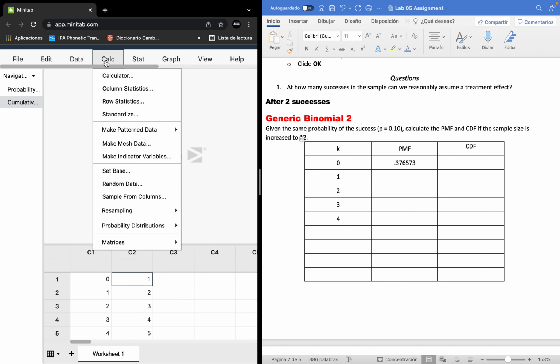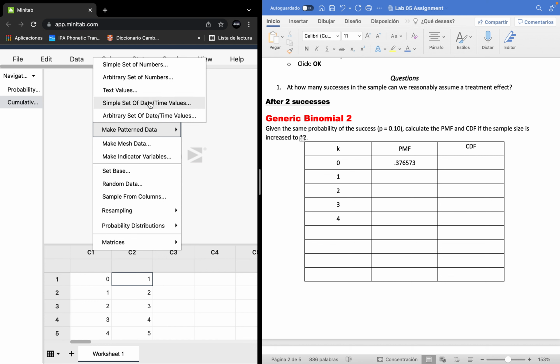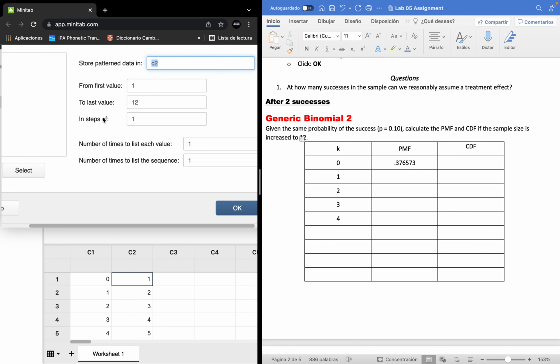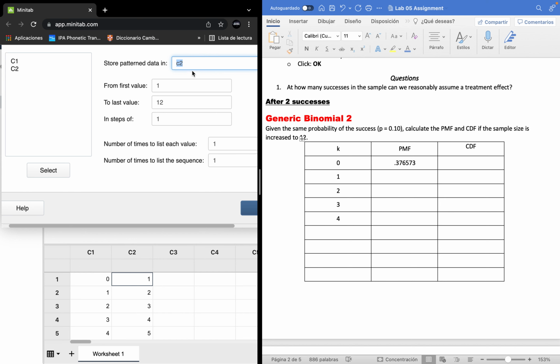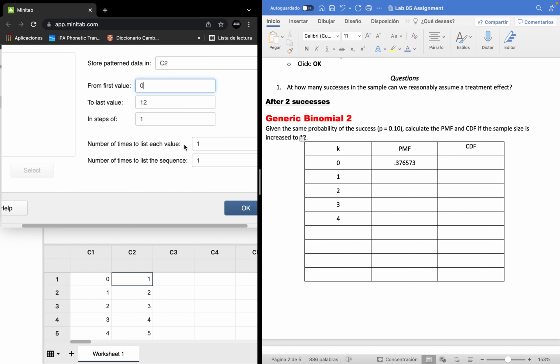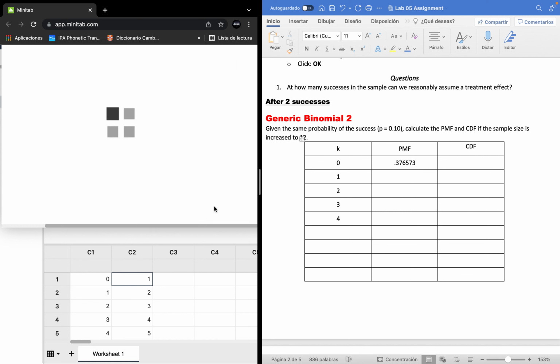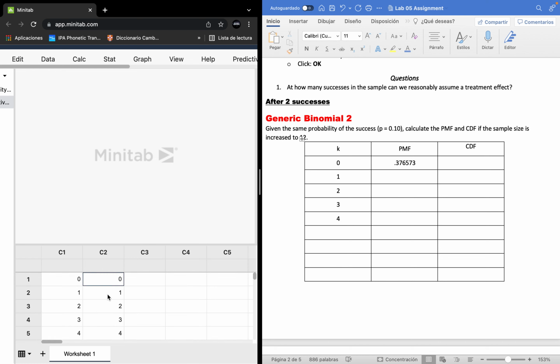And I'm going to choose again Calc, Make Patterned Data, Simple Set of Numbers. I'm sorry, this is my mistake. Store the data in C2 the same, but you have to start from 0 because zeros must be taken into account also. 0, 1, and then OK. And notice, now I have included the 0.